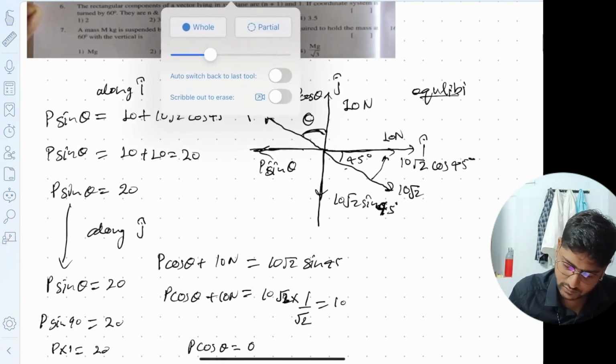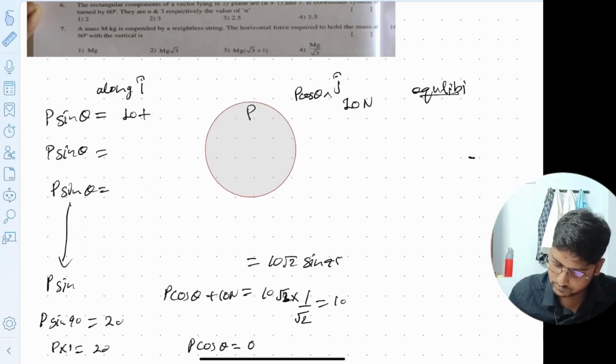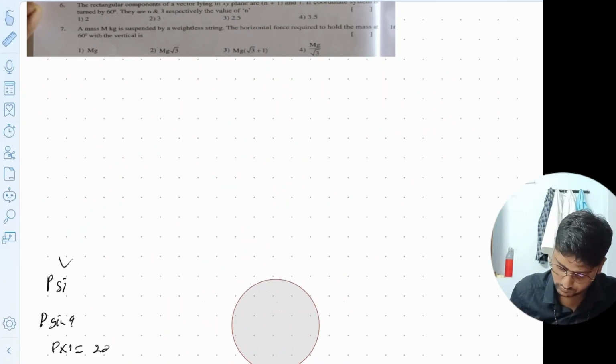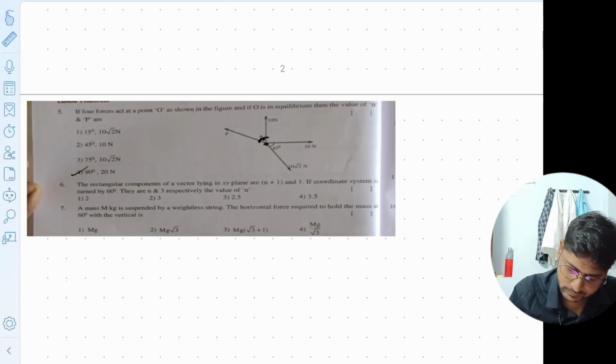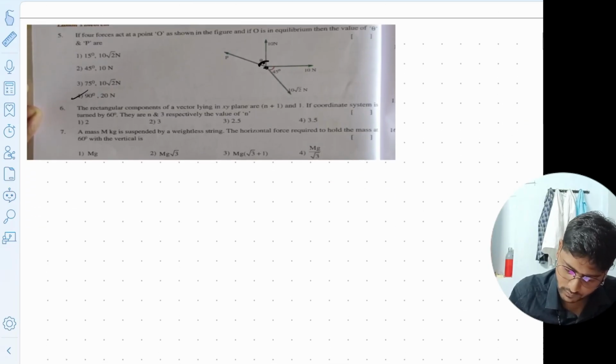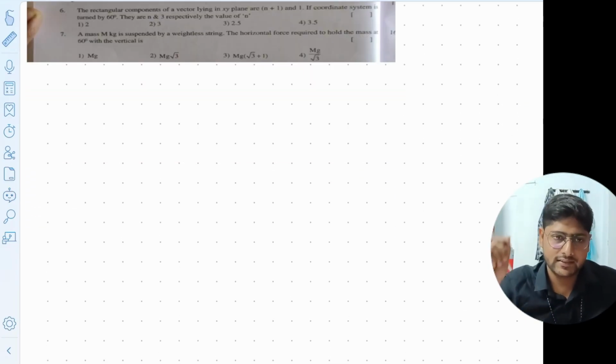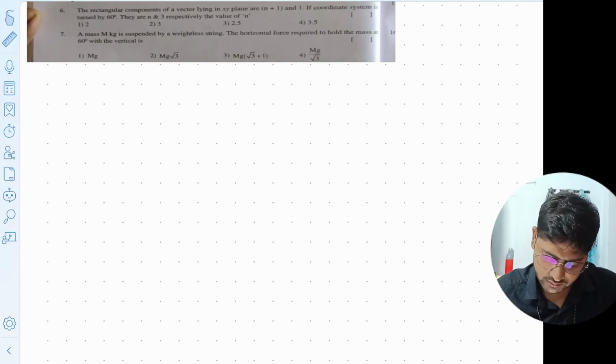Question number 6. It says the rectangular components of a vector lying in the xy plane are n plus 1 and 1.